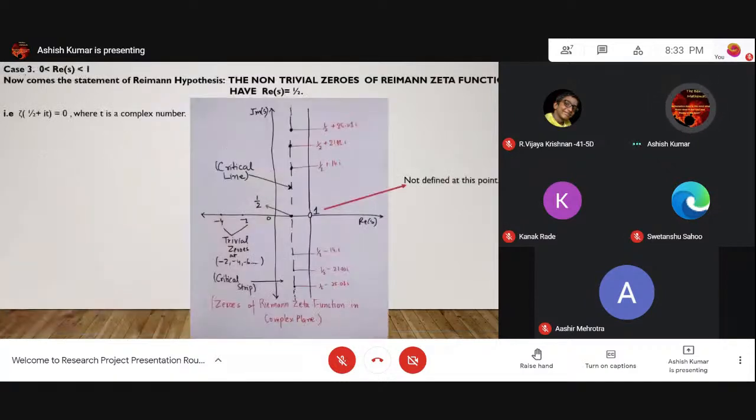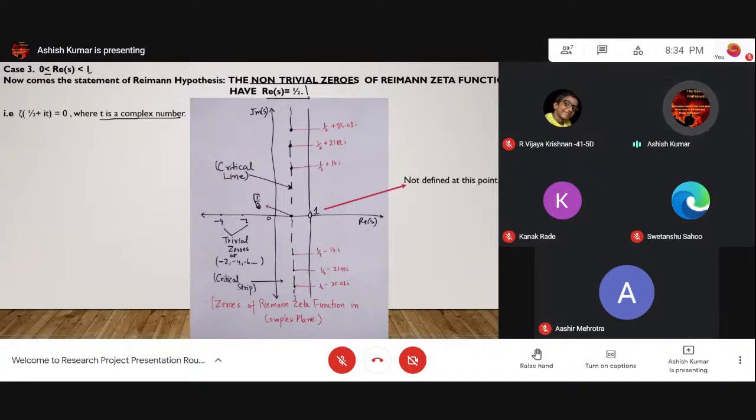Now comes the statement of the Riemann hypothesis, for when the real part lies between 0 and 1. Riemann stated that the non-trivial zeros of the Riemann zeta function have real part a half, that is, zeta of half plus it is zero, where t is a real number. Riemann conjectured that all the non-trivial zeros of the zeta function lie on this line with real part a half.